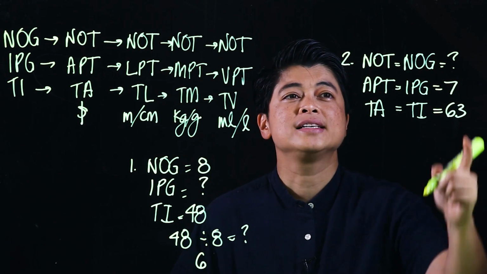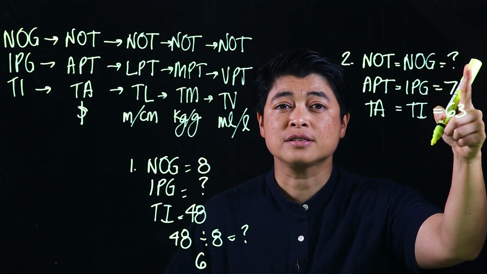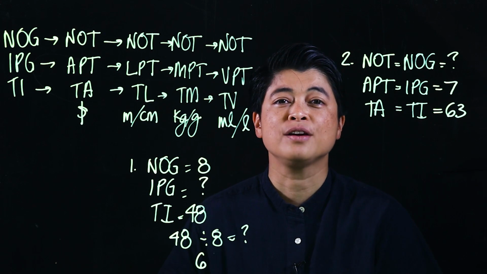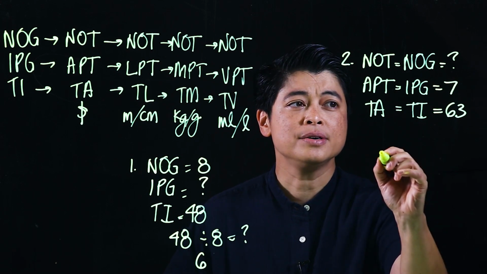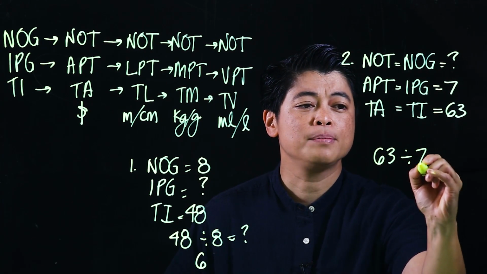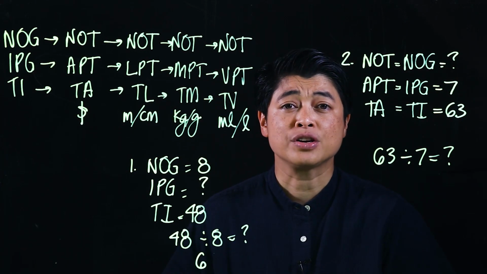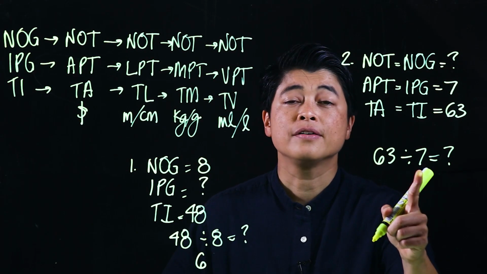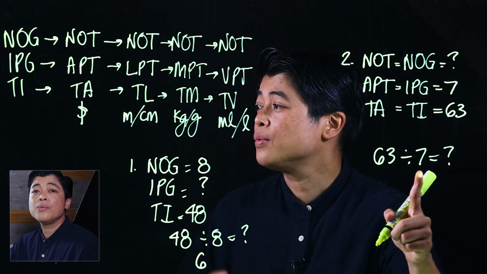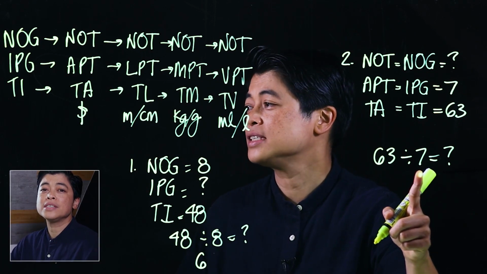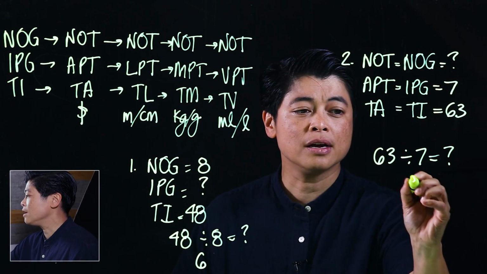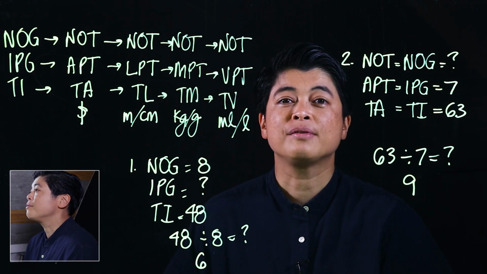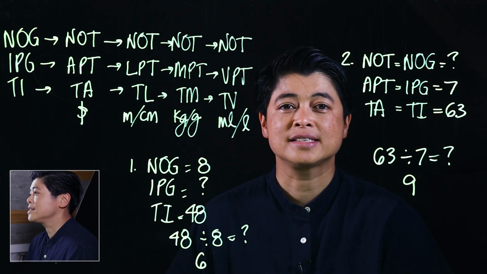Clearly, since the number of things or the number of groups is missing, we divide. So 63 divided by 7 is question mark. Counting fingers by 7, we should stop when we get to 63. That's a total of 9 fingers representing 9 plates.